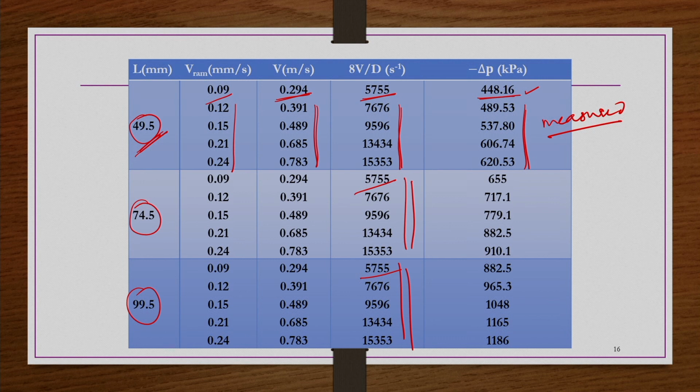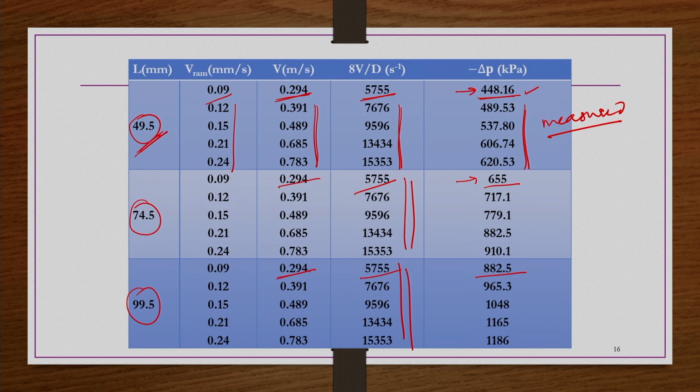Such averaging for the pressure I cannot do, because when you use the 49.5 mm capillary and maintain the capillary velocity of 0.294 meter per second, the pressure drop required for the first capillary is 448.16 kilopascal. For the second capillary, to maintain the same capillary velocity, you need 655 kilopascals.